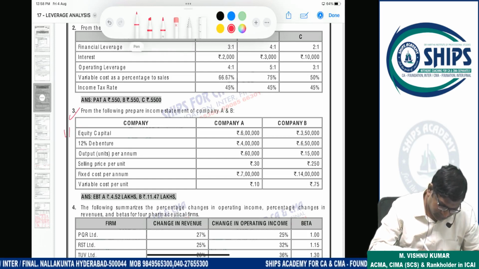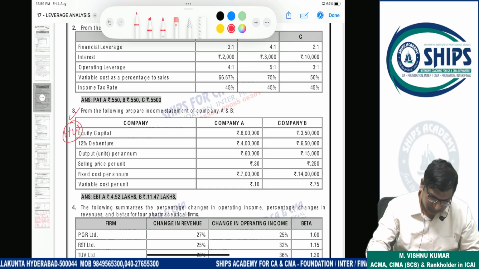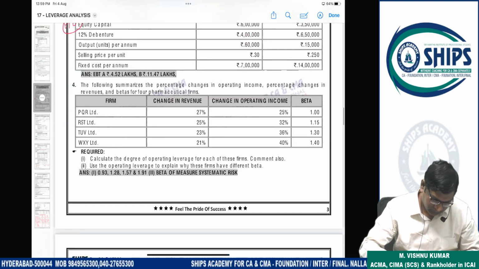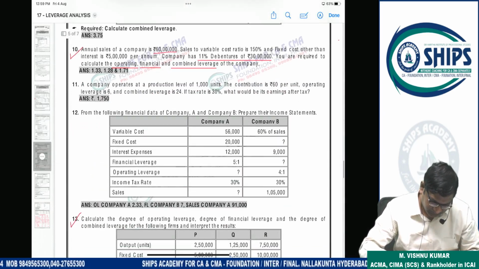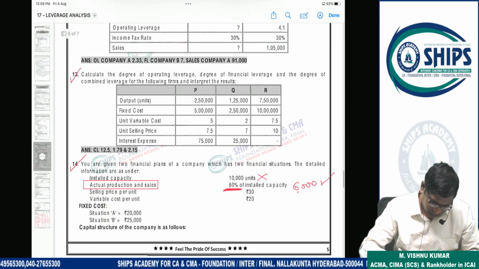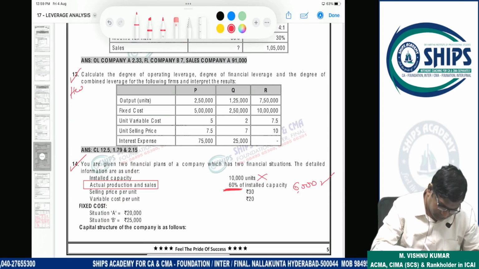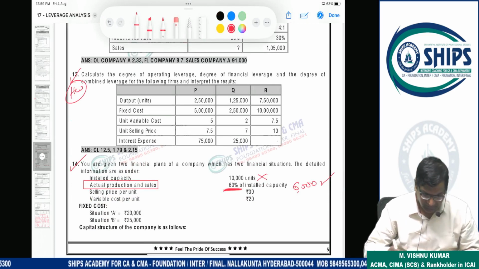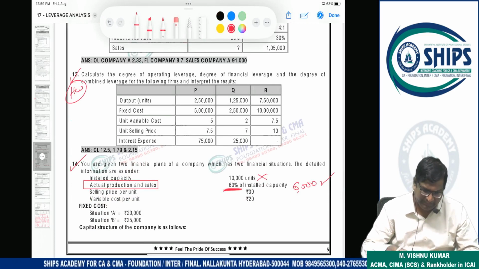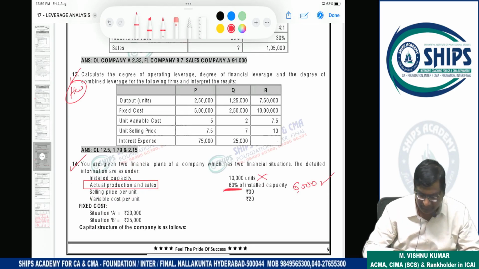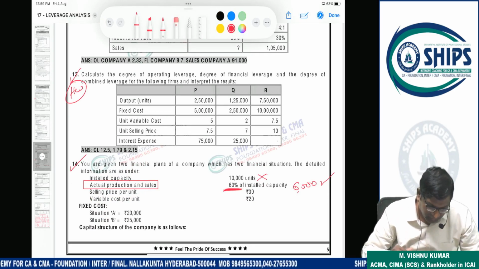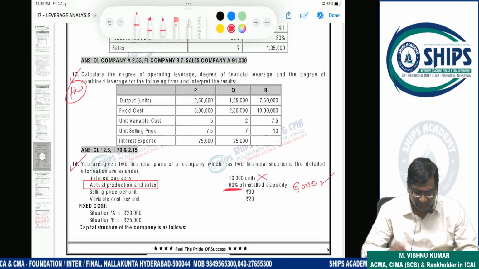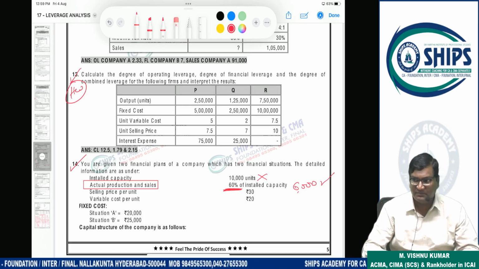Very simple question. Question number 13, homework. This is also same. These two questions already we covered. So exactly same questions I am giving in homework. Okay. So this you have to complete. The next class will cover the other varieties of sums.